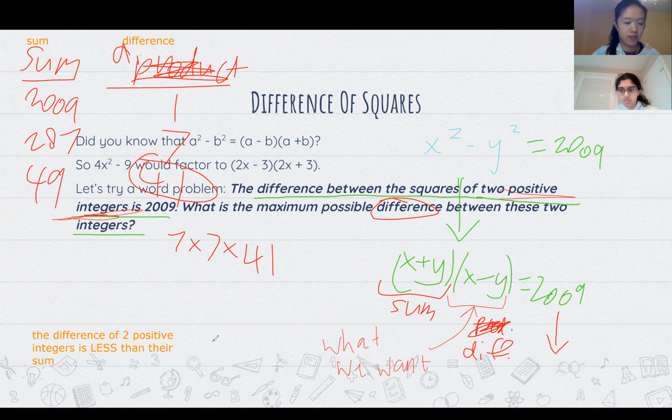This is the biggest one we'll ever get, because if the difference was greater than the sum, then that means one of the integers x or y has to be negative.